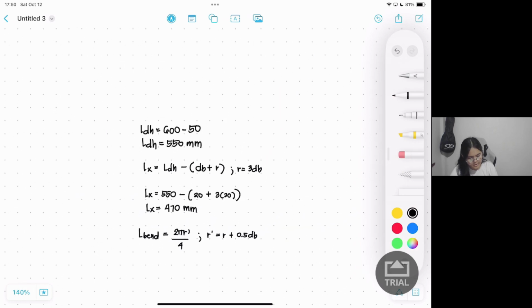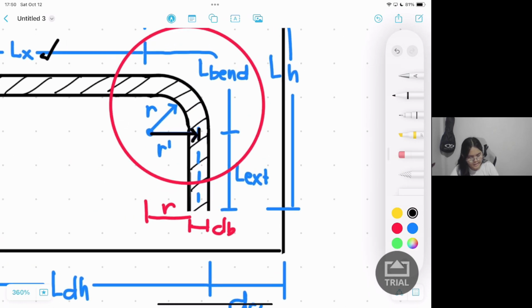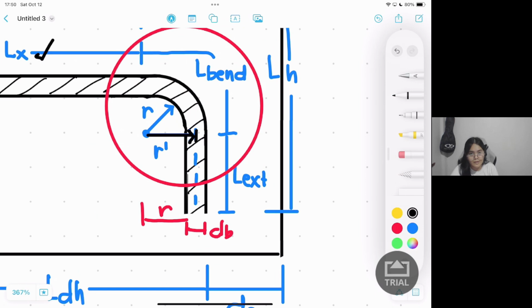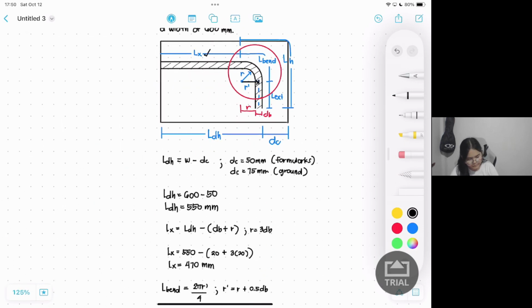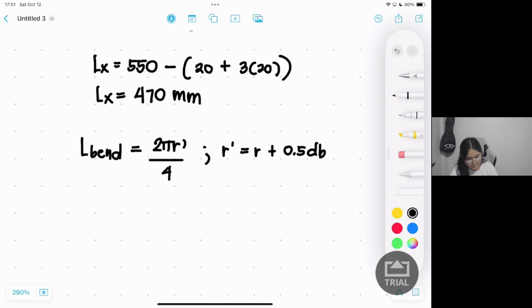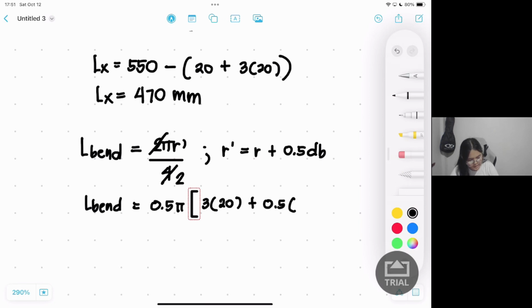Okay? So, remember, nakuha lang natin yan sa pagbabasa ng figure. Okay? So, balik tayo. Pwede natin tong i-simplify, magiging 1/2. So, we have L bend is equal to 0.5 pi multiplied by R, which is the 3 dB plus 0.5 ni dB.